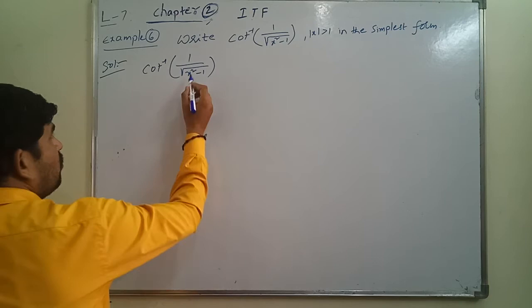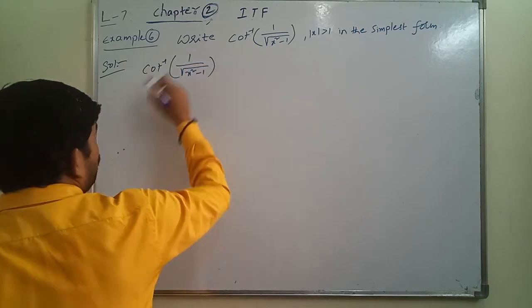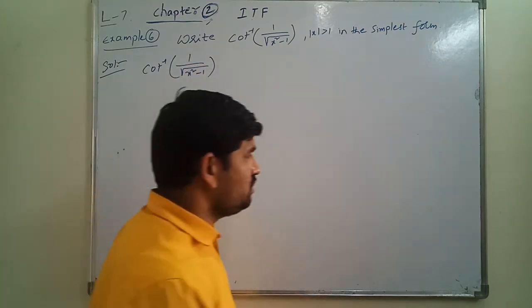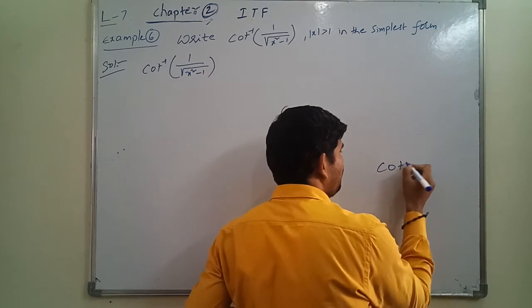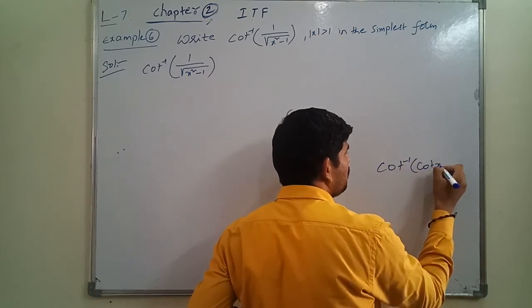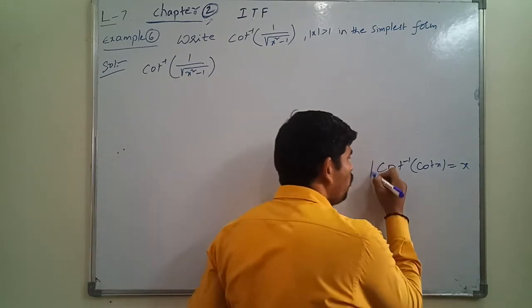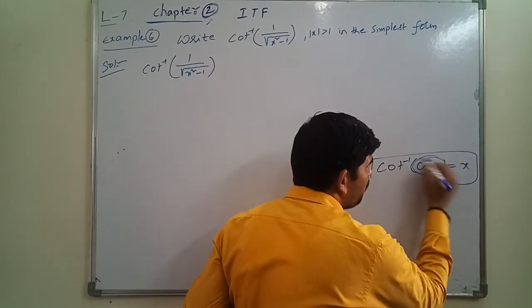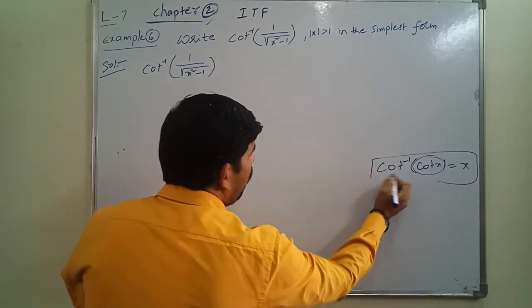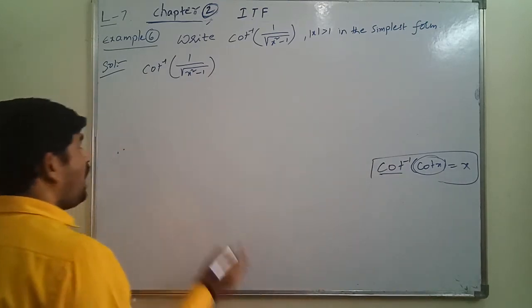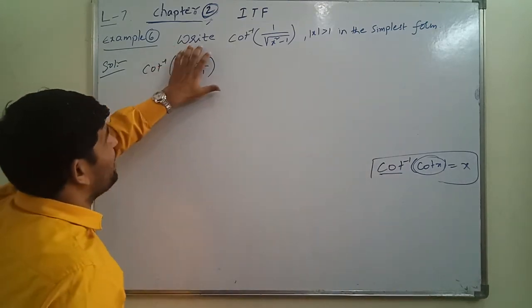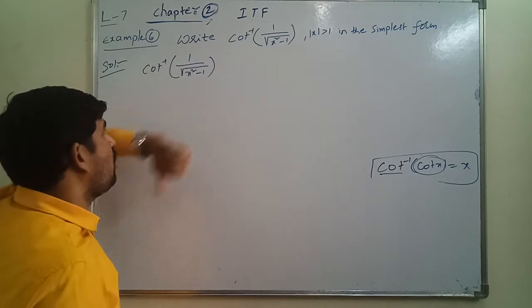Now this total part we have to get as cot, because cot inverse of cot x is nothing but x. So that's why we have to get the inside of the bracket as cot, since outside we have cot inverse. How will you get that?